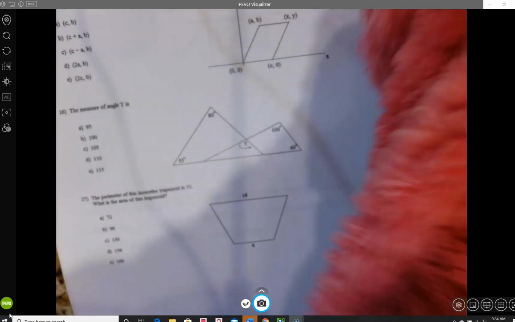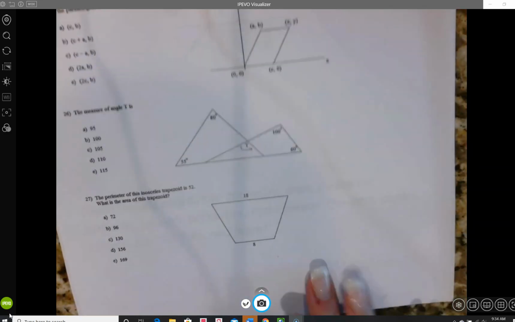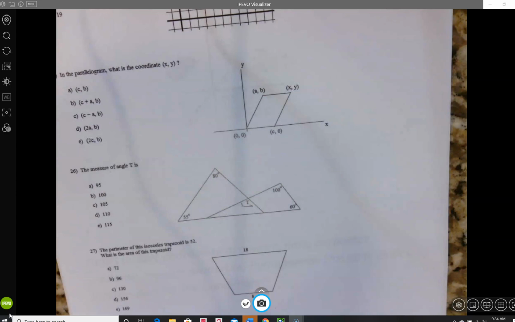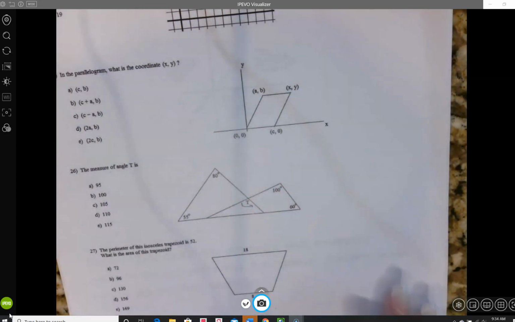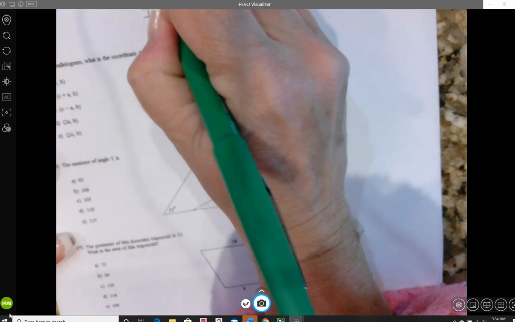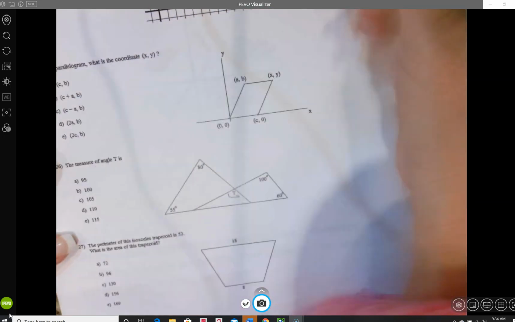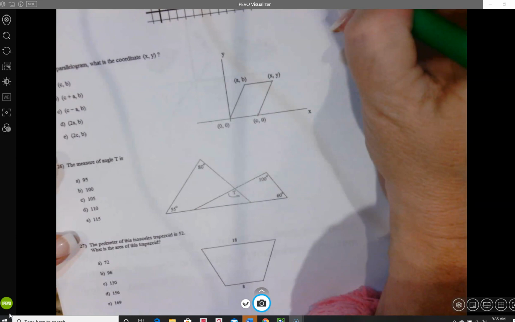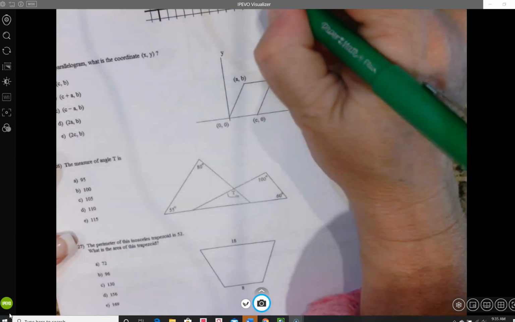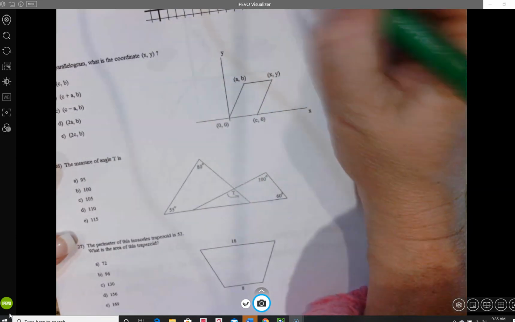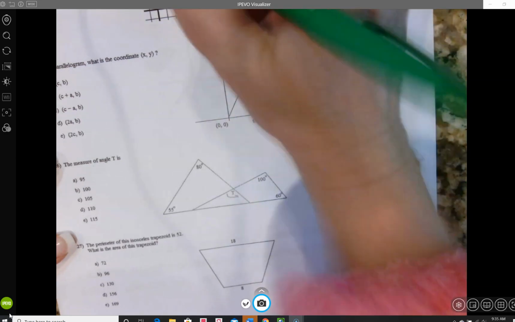All right, so the area of the shaded triangle is, and let's see, we've got the vertices are here at 2, 2, and 10, 4, and 4, 7.